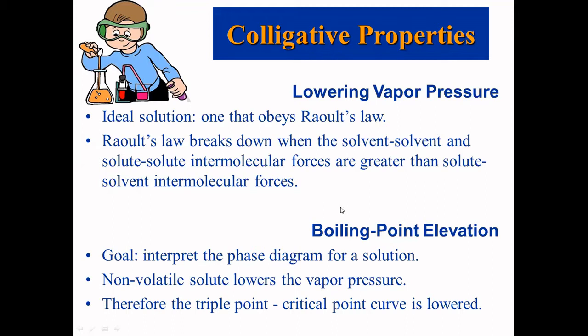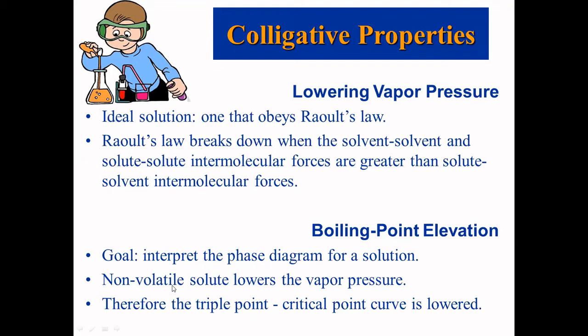Okay, now we go to boiling point elevation. So we started with lowering of the vapor pressure for the colligative properties. We have now boiling point elevation. Boiling point elevation, meaning the boiling point of your solution is going to increase due to the presence of solids in it. So in here, the goal is to interpret the phase diagram for a solution.